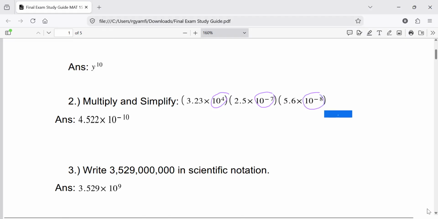Remember, these are just multiplying. The parentheses tell us that it's multiplying. So we're going to bring all these decimals together, 3.23 times 2.5 times 5.6, times 10 to the power 4 times 10 to the power -7 times 10 to the power -8.